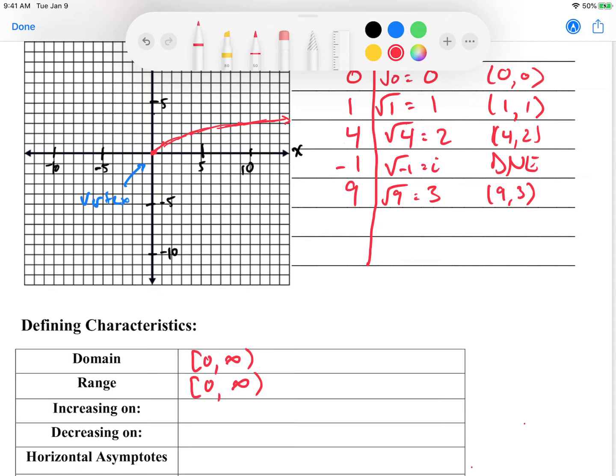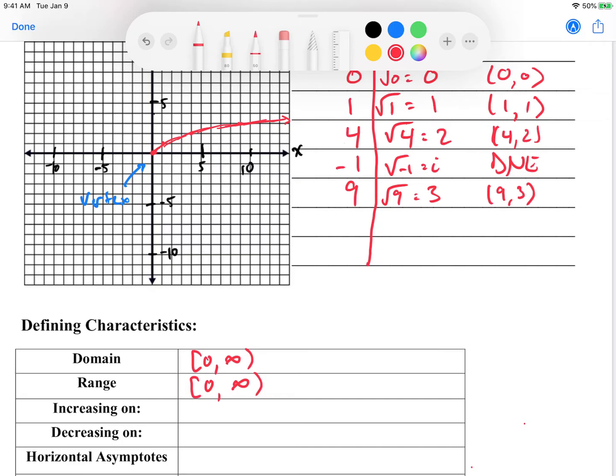Now this function starts over here at 0, 0, and as we're moving from left to right, we notice that the slopes at each individual point look positive. It keeps going up and up and up. Even though it looks like it stalls out a little bit, my graph is still slowly increasing.